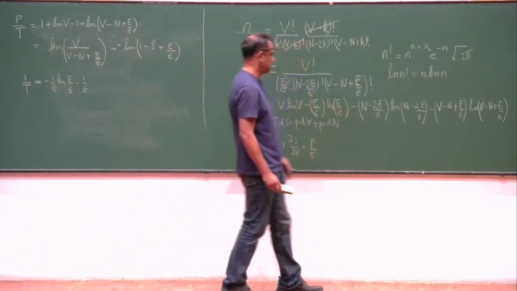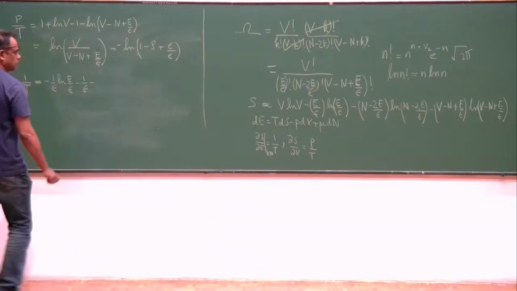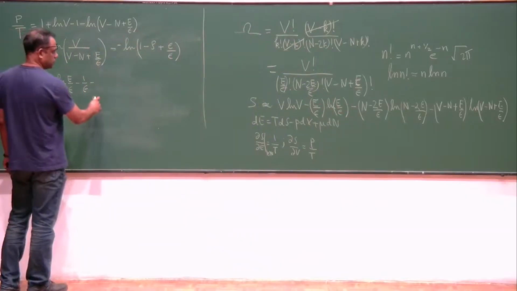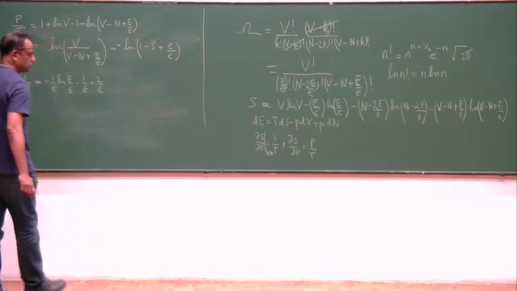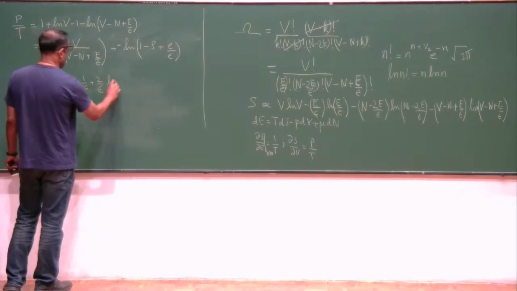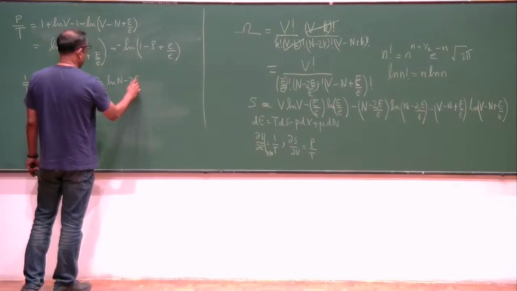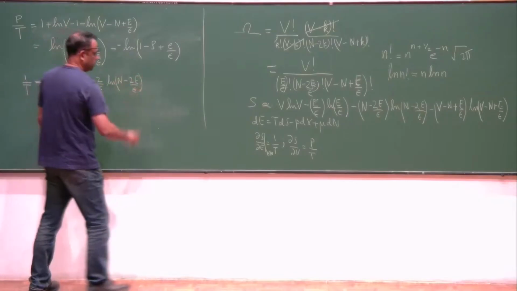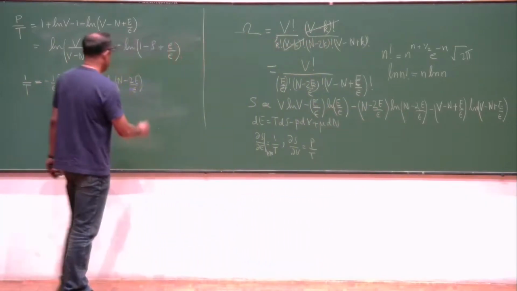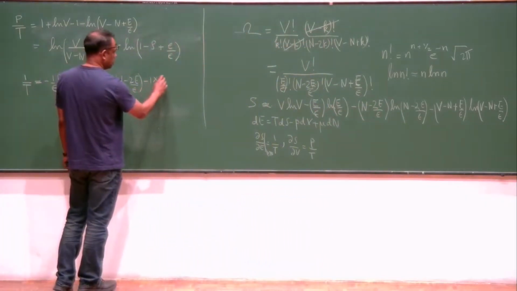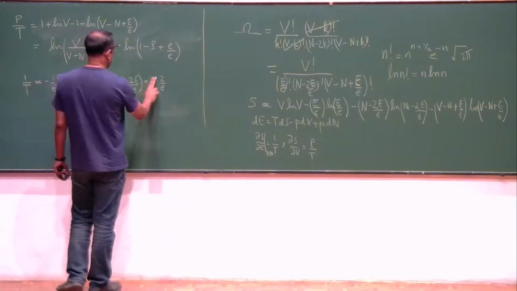Then I differentiate this, I get plus 2 by epsilon log N minus 2 E by epsilon. Then I differentiate the logarithm. That 1 by thing cancels with this. So I get minus 1 into 2 by epsilon with a minus 1. So plus 2 by epsilon.